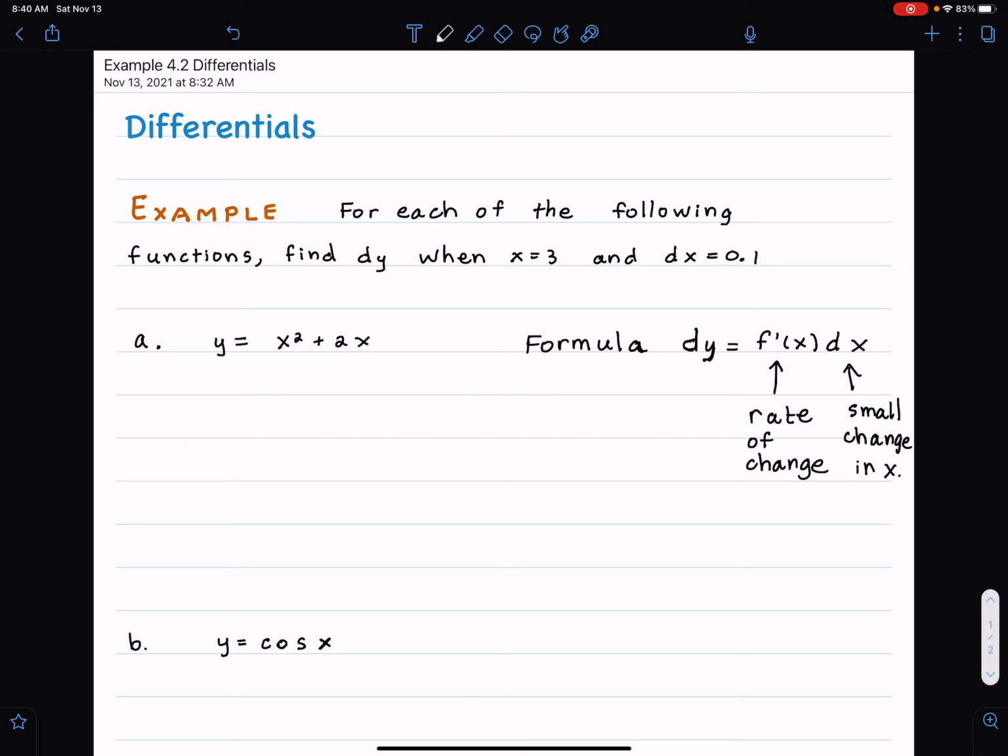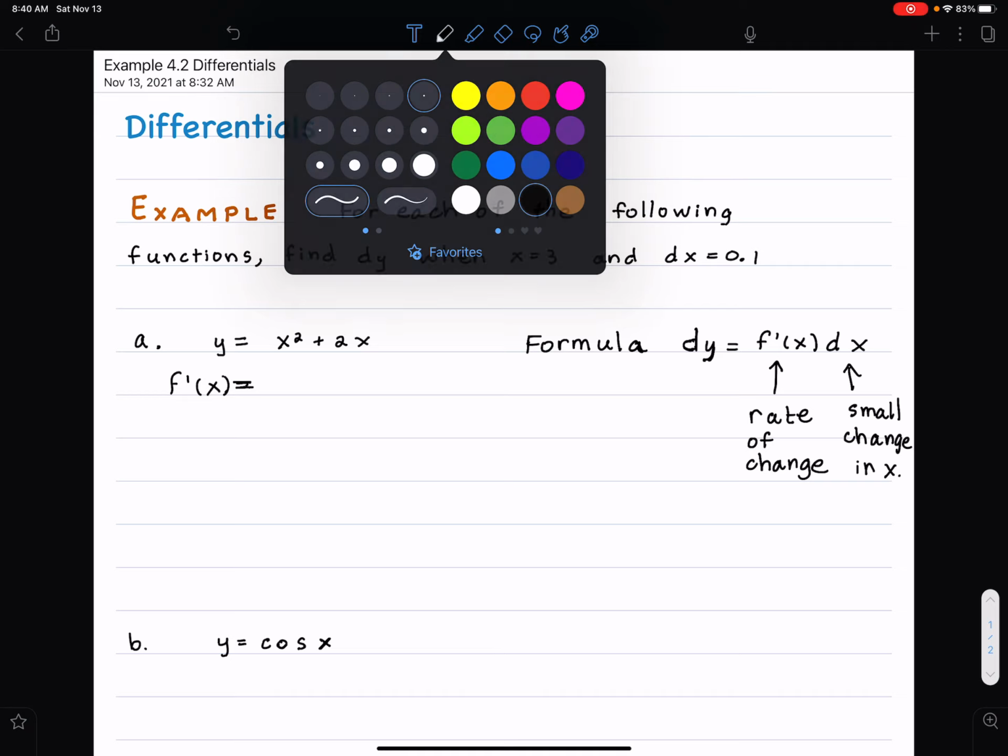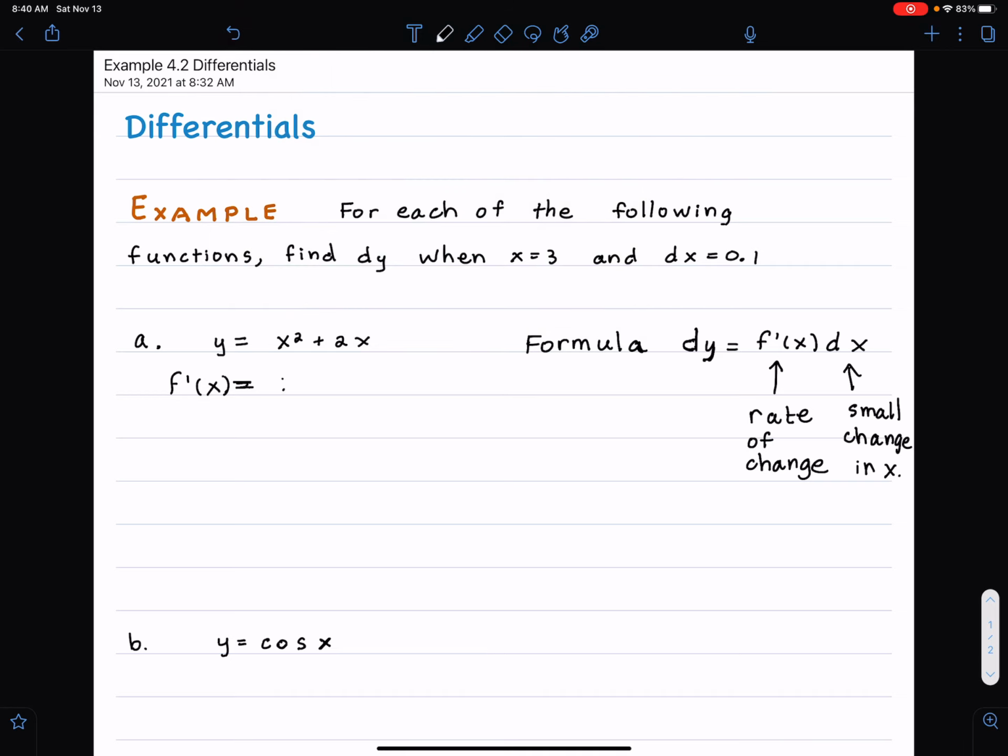Okay, so let me write this as f, let's just find f prime. It becomes really just a question of taking the derivative. So even though it says y, we're going to think of that as f. Okay, so it's x squared plus 2x. So for that polynomial, the derivative is 2x plus 2.